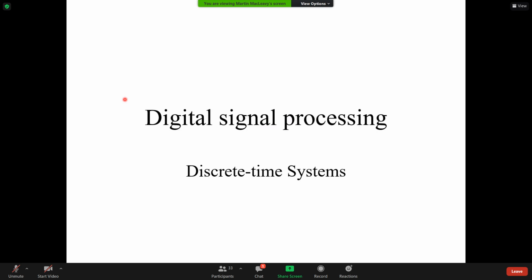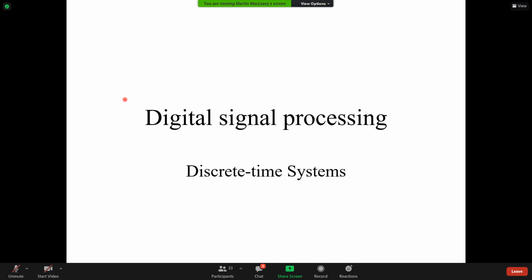Convolution is a process where, when you input a discrete time signal into a discrete time system, convolution is what takes place between the system and the signal, and you obtain your output.